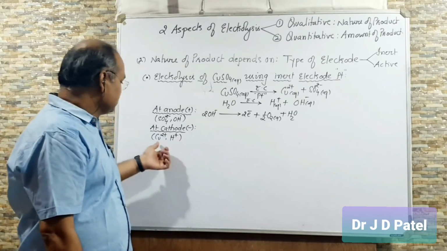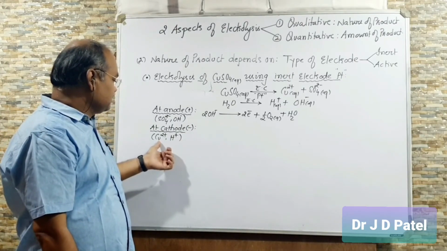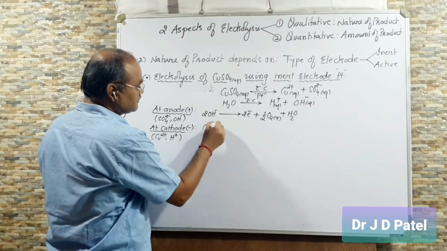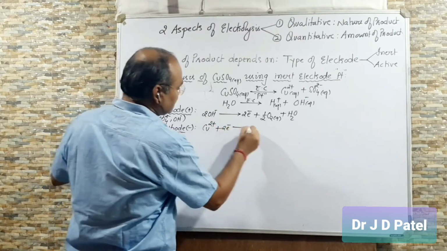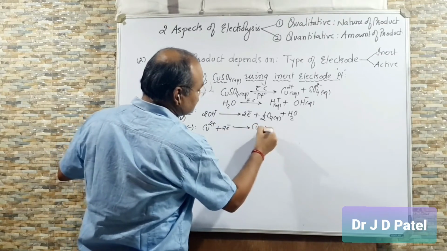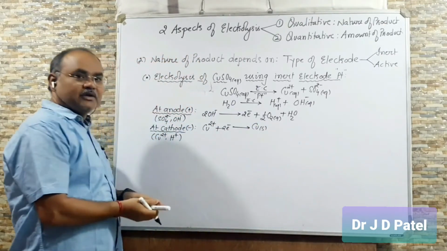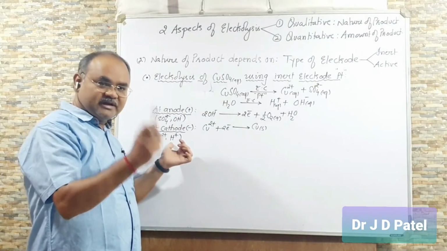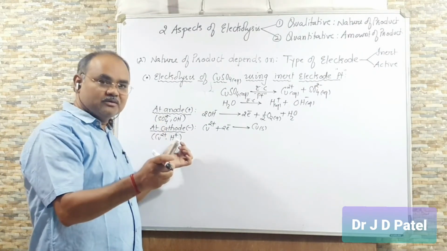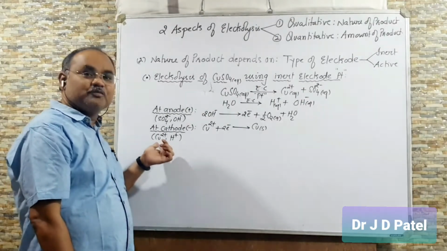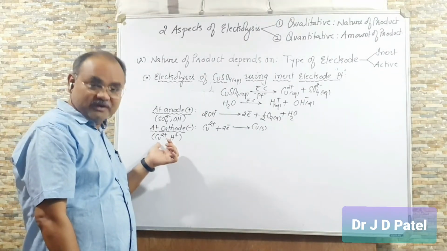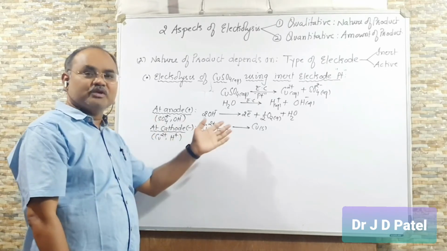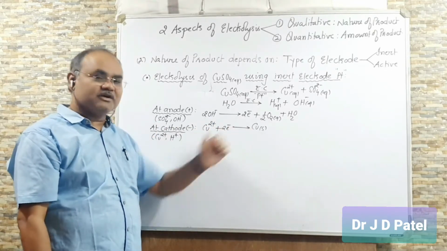Now, Cu2 plus takes 2 electrons and gets deposited as Cu solid. Now you may think, sir, why does H plus not undergo reduction? You know the value of H plus. The reduction potential of H plus is 0, and the reduction potential of Cu2 plus is plus 0.34 volt. So higher the value of reduction potential, it will be more reactive. If it is more reactive, then it will undergo reduction.